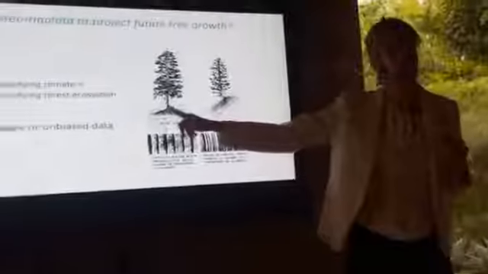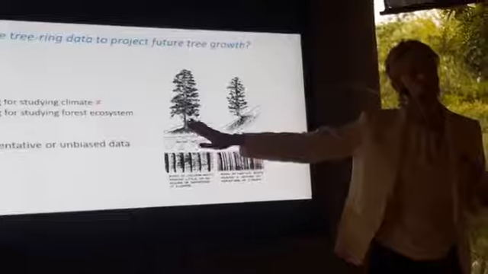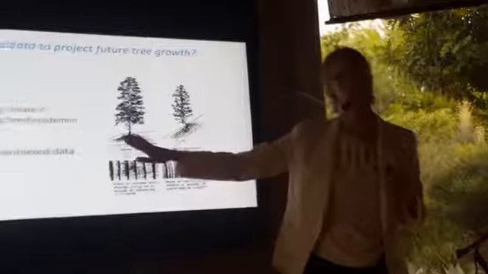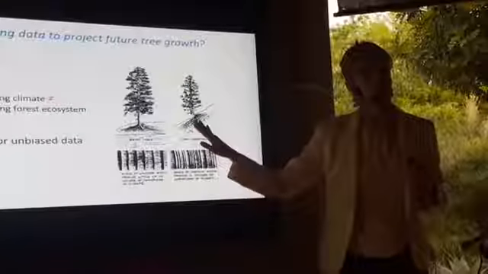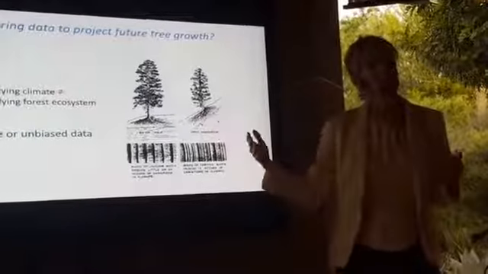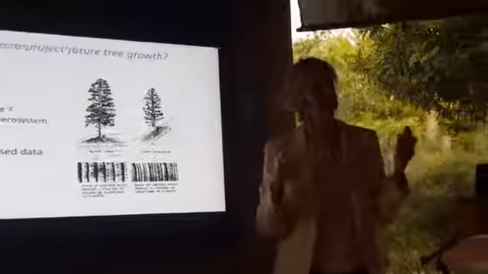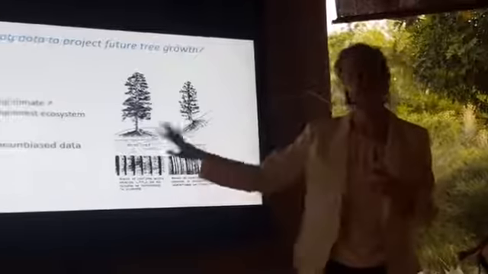And the experience of this tree is not the same as the experience of this tree. And if these trees are more numerous on the landscape than these trees, then we want more trees like this in our sample and fewer trees like this in our sample. So we want sampling that reflects what's out there on the landscape. If we want to predict how the forest as a whole is going to behave, we want a representative sample.